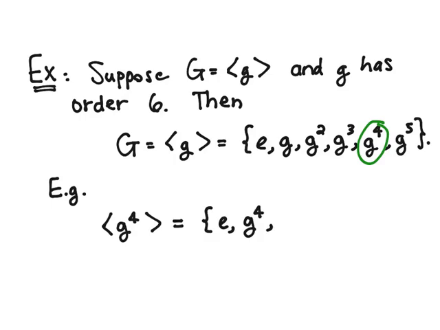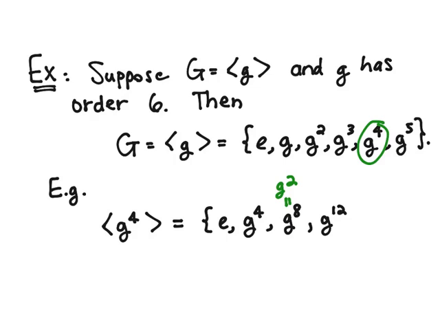So what's in the subgroup generated by g to the 4th? It's got the identity, it's got g to the 4th, it's got g to the 4th squared, which you might say is g to the 8th. But if you keep in mind that g to the 6th power is the identity, then g to the 8th power is actually the same thing as g squared. And then what else is in this subgroup?